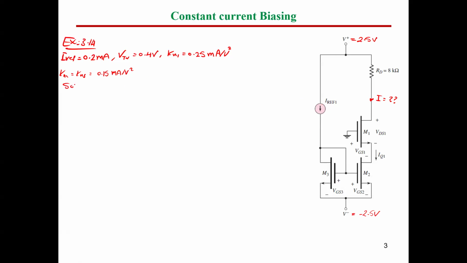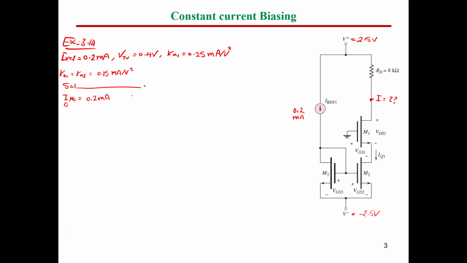Okay, let's start, guys, the analysis based on the given data we have. So for this branch here, we know the value of the current. So the current here is 0.2 milliampere. So since we know the value of the current here, we can write I of MOSFET number 3, I drain for sure, equals 0.2 milliampere.